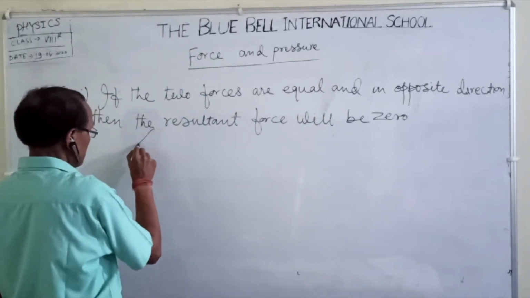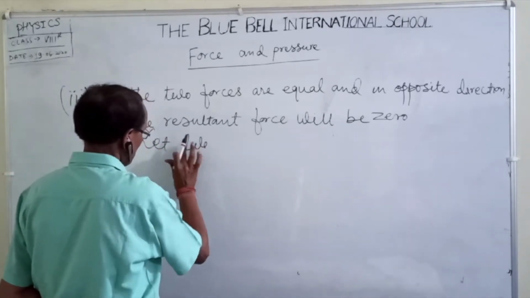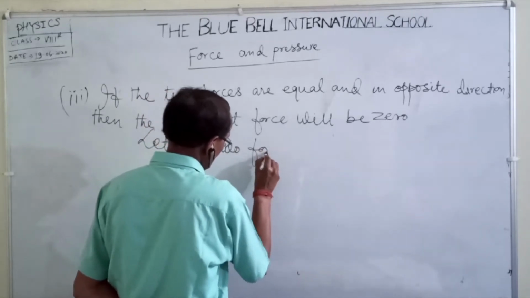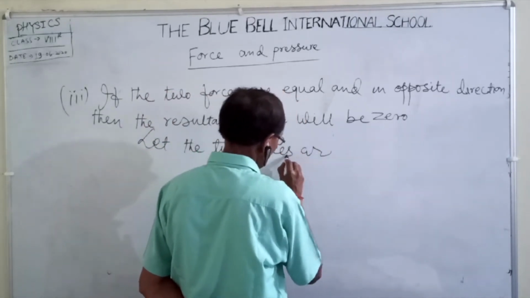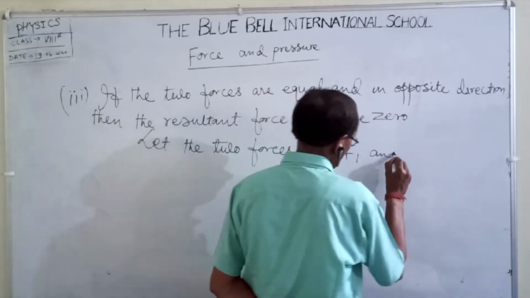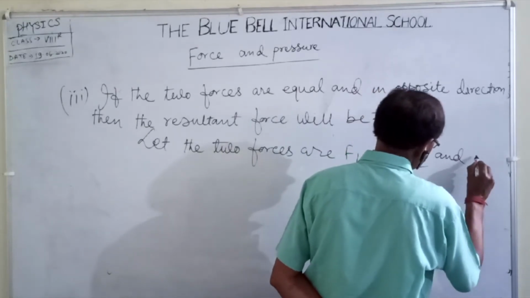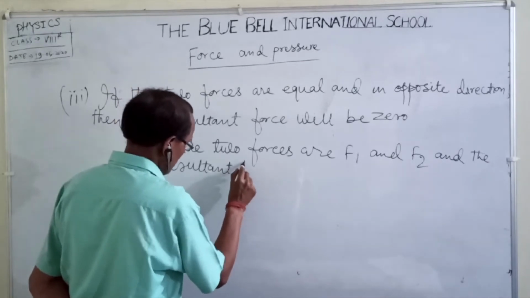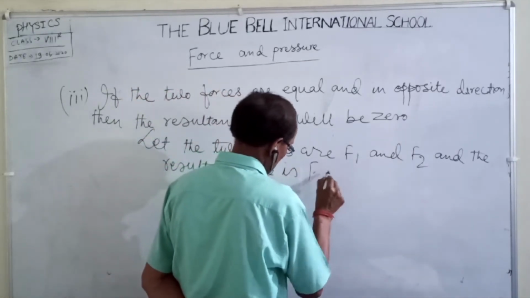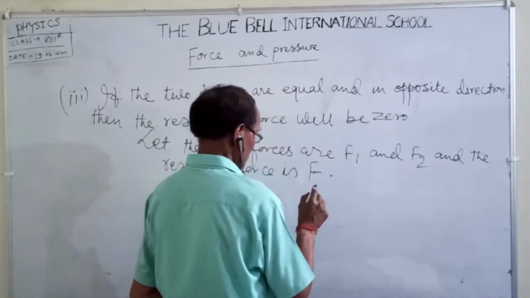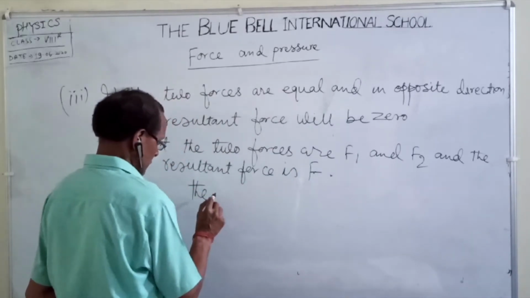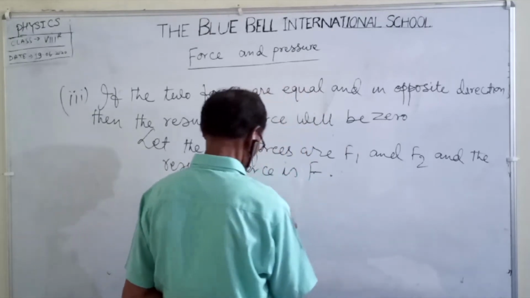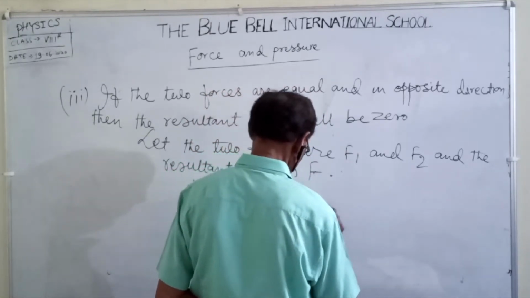And suppose that the two forces are F1 and F2, and the resultant is F. Then F1 minus F is equal to 0.